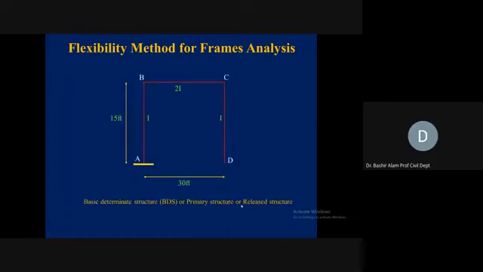Next, this is now your released structure. You see here A, B, C, D. At D the redundant actions are removed. At A we have a fixed support. So this is a determinate frame now. To write the capital M values, we will put this under the actual loads.